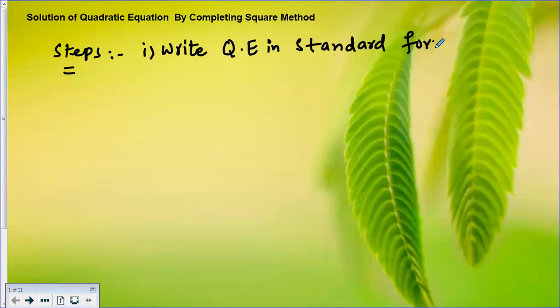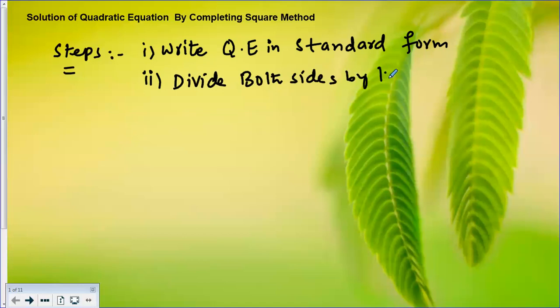The second step is divide both sides by the coefficient of x square if it is other than 1. If it's 1, then it's okay, no need to do this step.